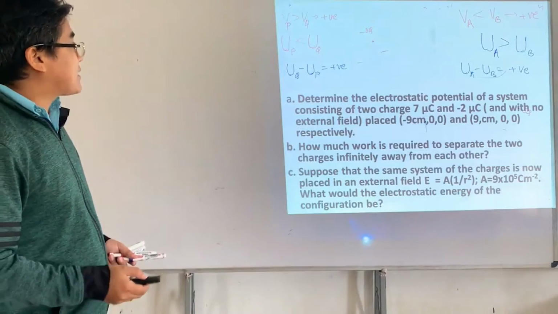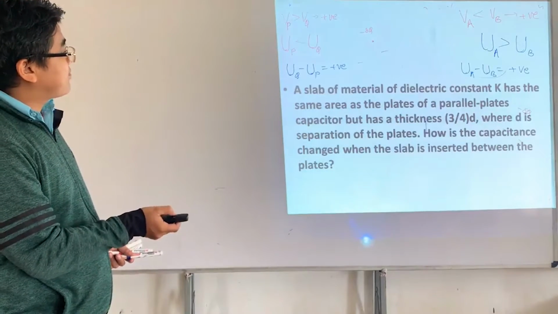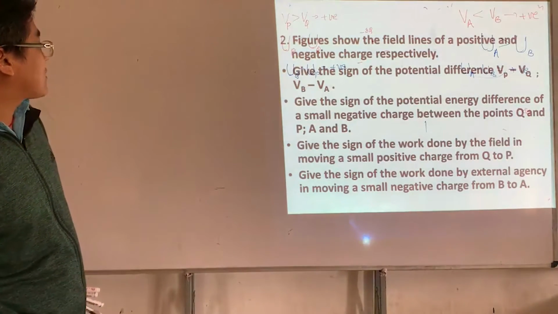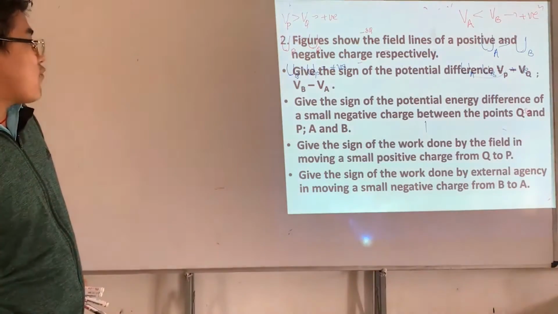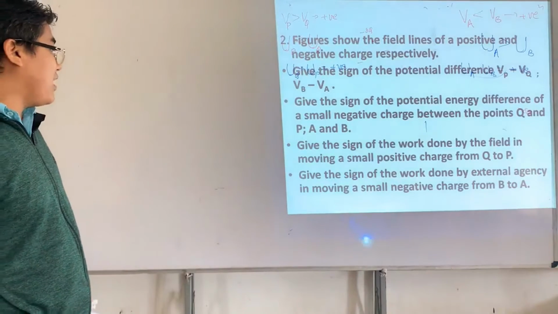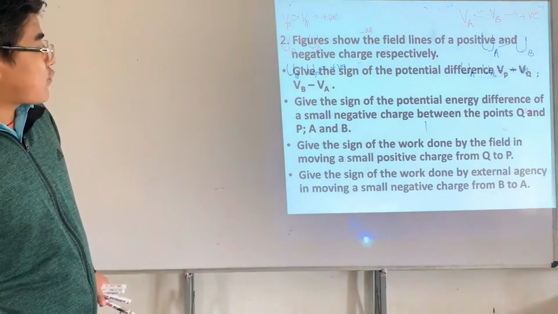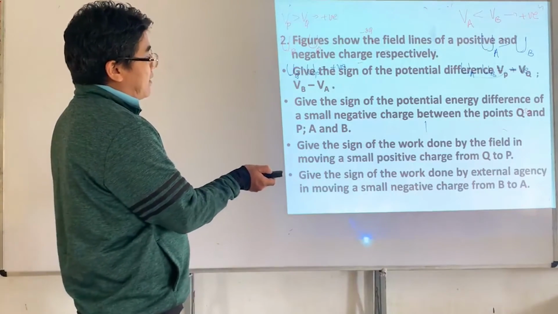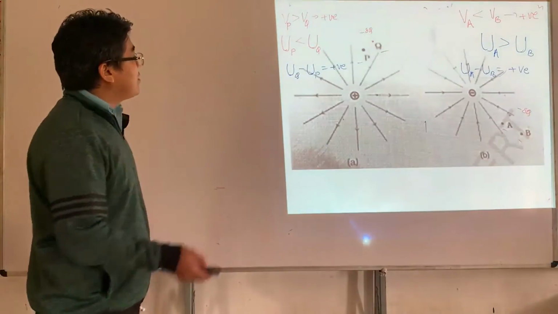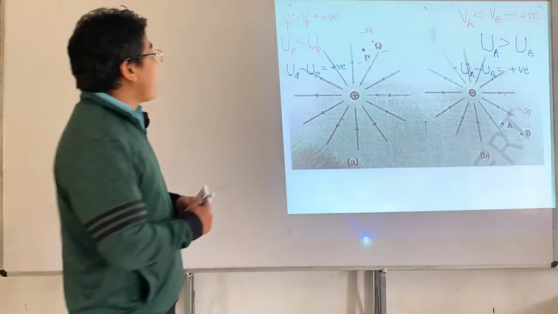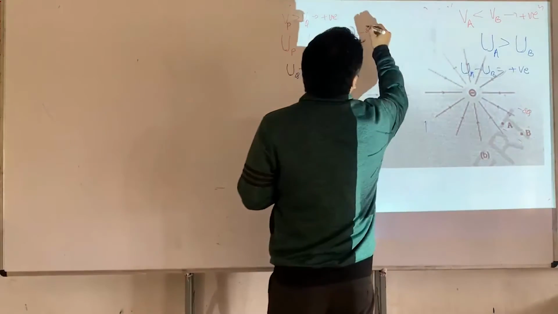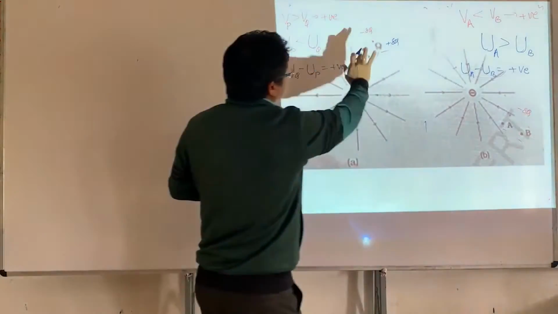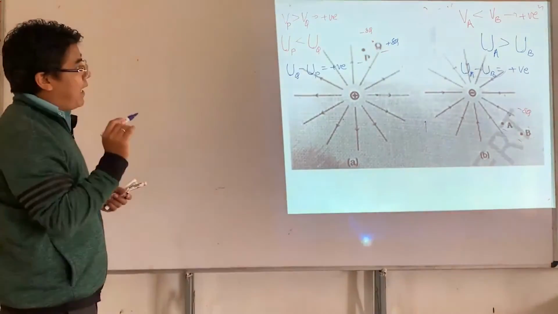Now next is: give the sign of work done by the field in moving a small positive charge from Q to P. Small positive charge from Q to P. Look at here, again. If I have a small positive charge, now let's say, I'm sorry, maybe a little confusing, right? So I'm going to write with the blue pen.